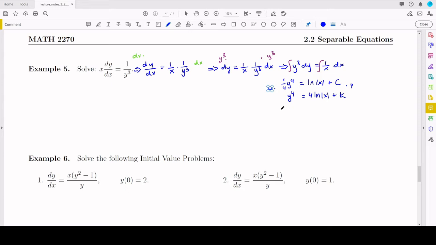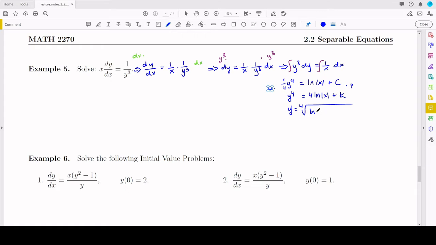And I can solve that for y by taking the fourth root on both sides. So I get y equals the fourth root of, and I'm going to bring that 4 inside the ln, so it becomes x to the fourth power.